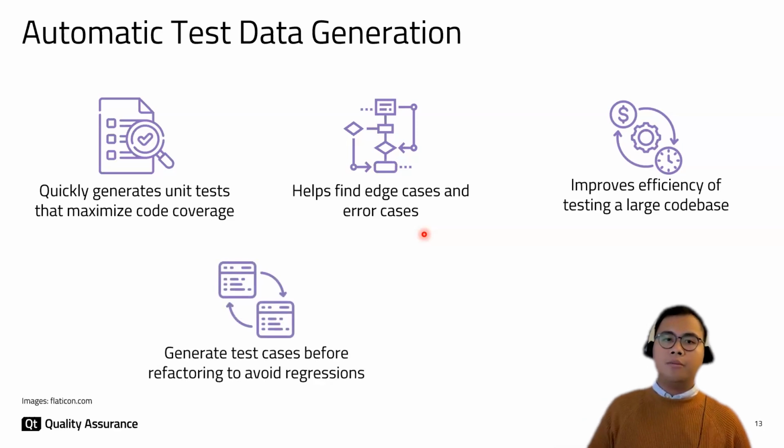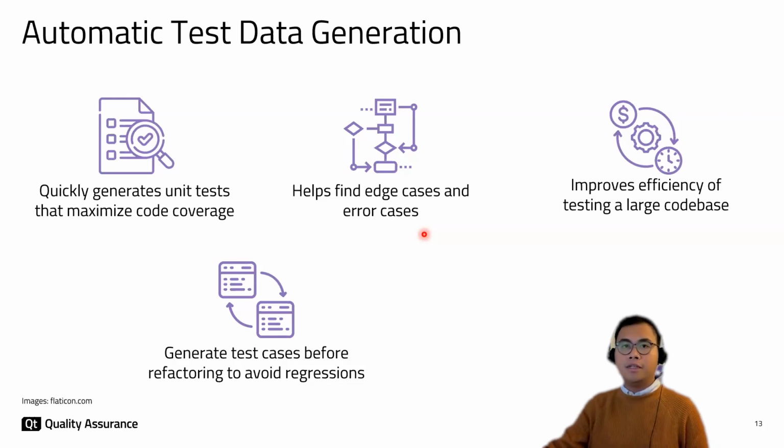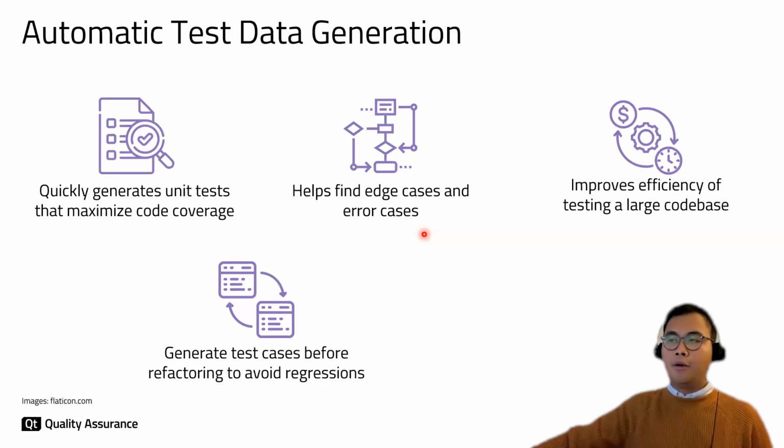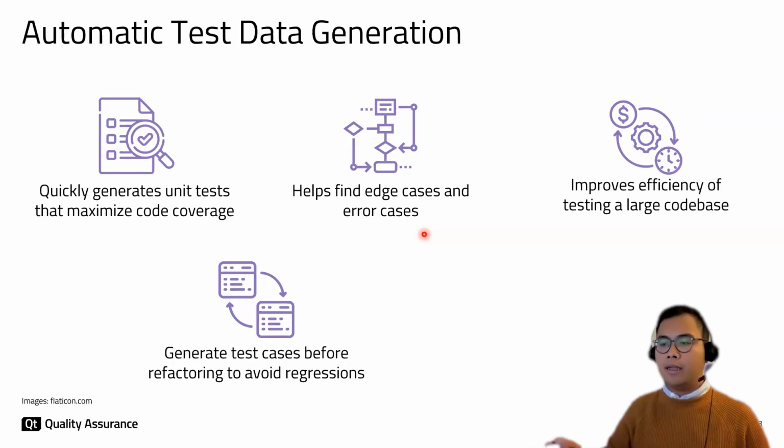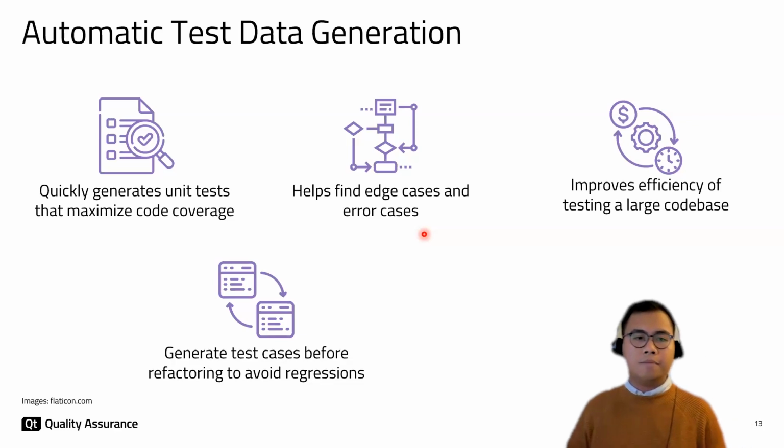And one of the most valuable and most interesting use cases of test data generation is in code refactoring. So we all know that code refactoring is a very expensive and risky operation. And with Coco Test Engine, you can generate test cases quickly and thoroughly before refactoring. So you can create a sort of data-based snapshot of the behavior of your application.